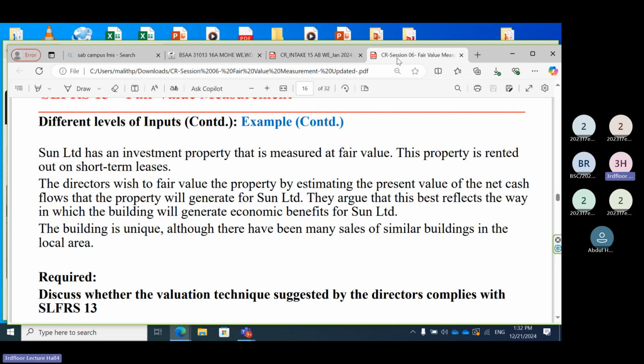So the investment property, if you have a higher gain, that can be transferred to the P&L. Investment property fair value gain, where are we keeping it, in the OCI? No. In the P&L. OCI is for PP&E. The perspective is capital appreciation, because of that whatever the gain we keep in the P&L. That's why we are trying to do this calculation.